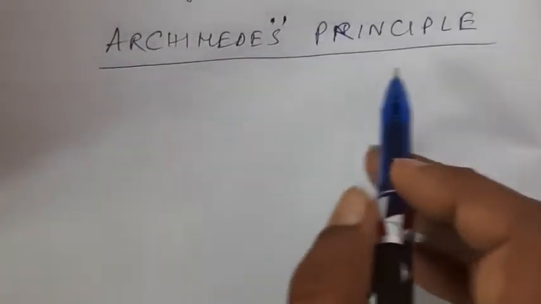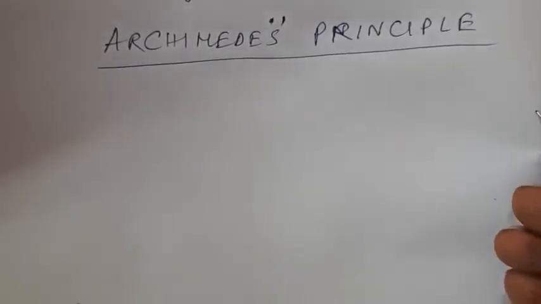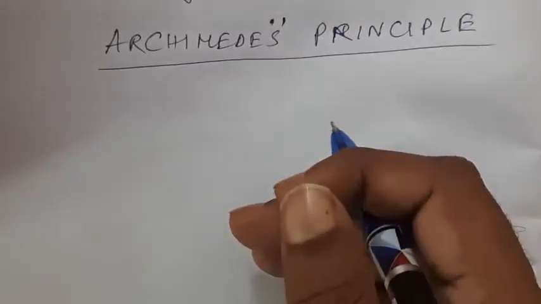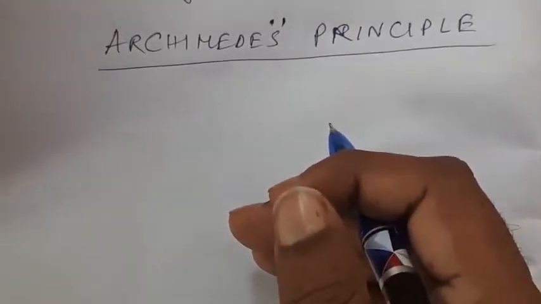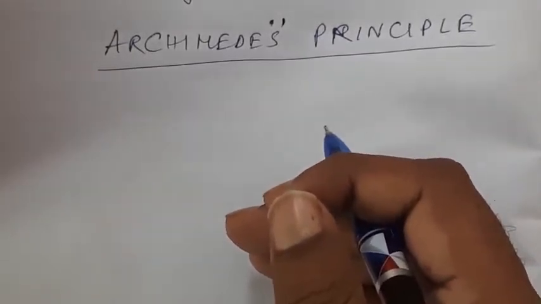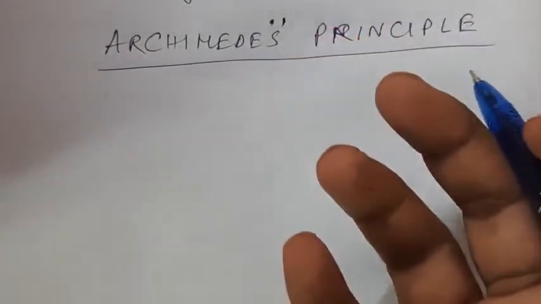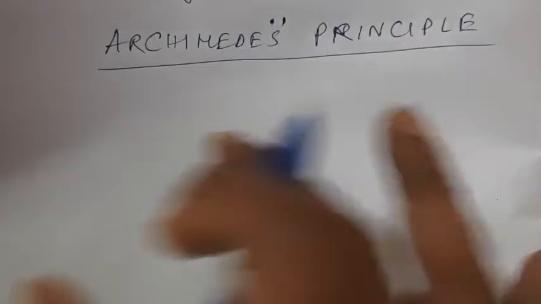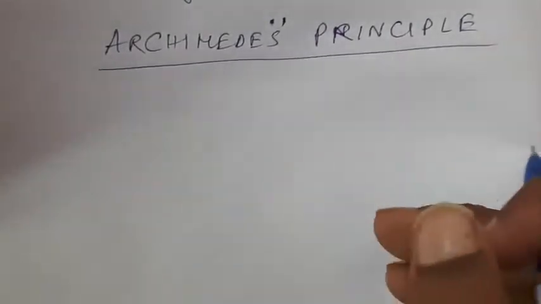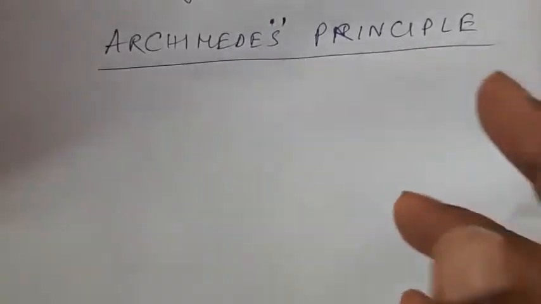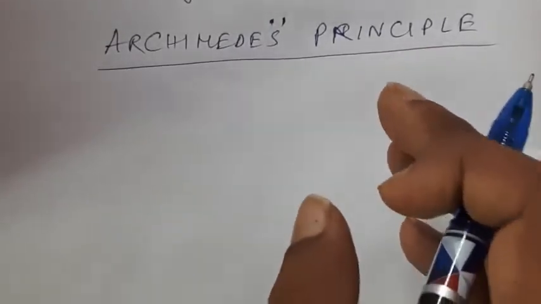Archimedes principle. You all have studied Archimedes principle in class 9 and 10. A little bit of revision and some new applications from where mathematical problems come in the examination. Now Archimedes principle, very simply, we can state that when a body is totally or partially immersed in a liquid or gas, that means a fluid, at rest, it appears to lose a part of its weight. That means if a body is immersed in a liquid, there will be a loss in weight.